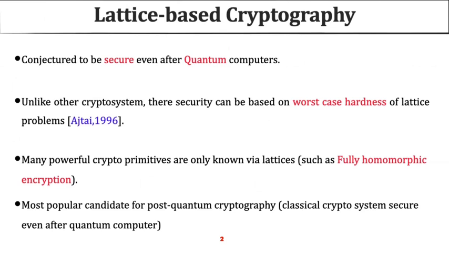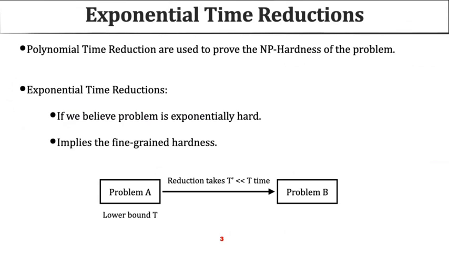In this result, we talk about reductions. Let me first motivate the kind of reduction which we look at. In this work, we look at exponential time reductions. Before going to exponential time reductions, we know that polynomial time reductions are used mainly to prove the NP-hardness of a problem.